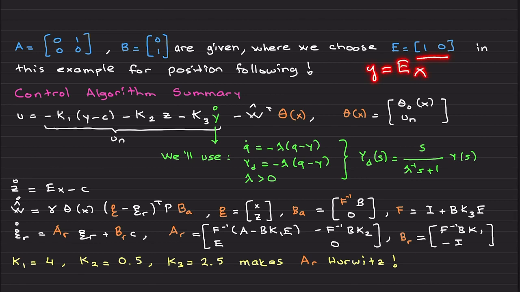If you choose this to be like this, you have 1, 0 multiplied by p dot or x1, x2, so you end up having p. We would like to regulate position. We want the position state to approach the given position command C.